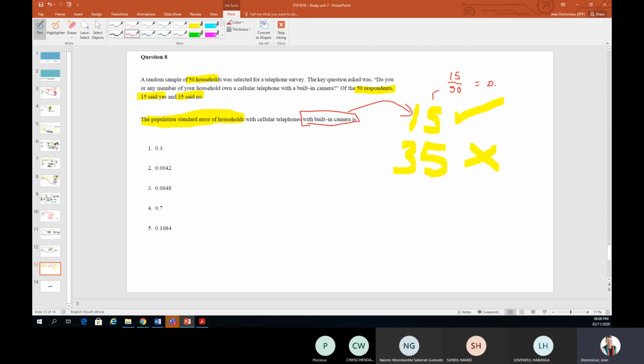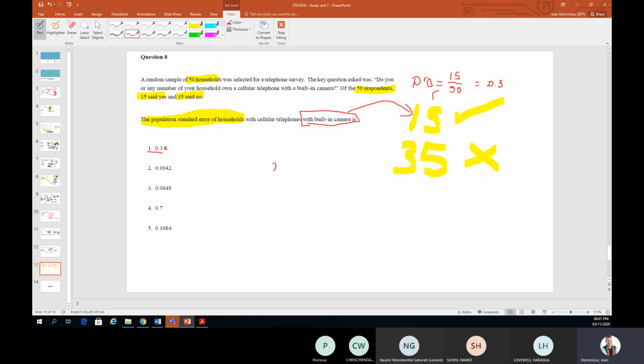Okay, 0.3. So automatically you see that when you worked out the proportion, it was already flagging as one of the answers.